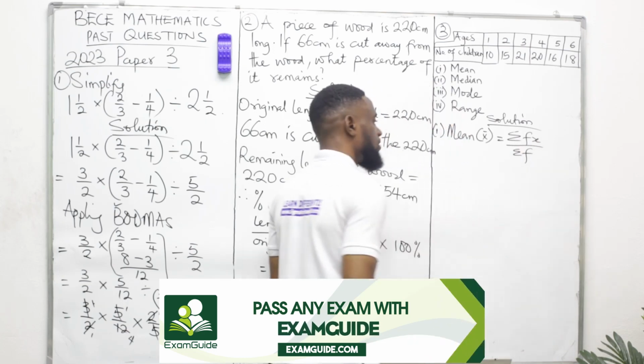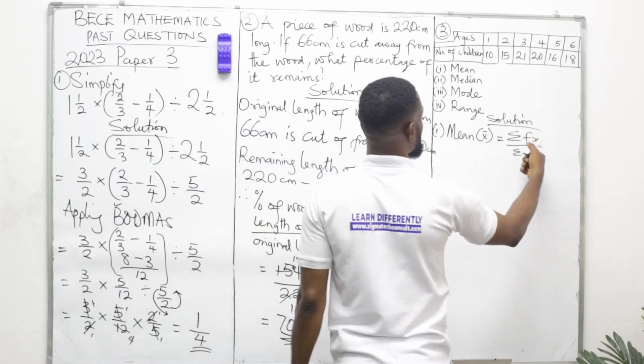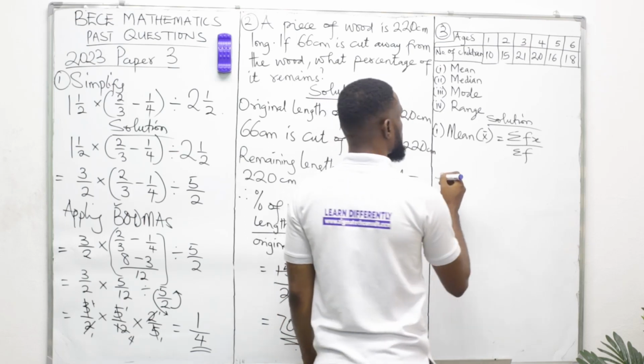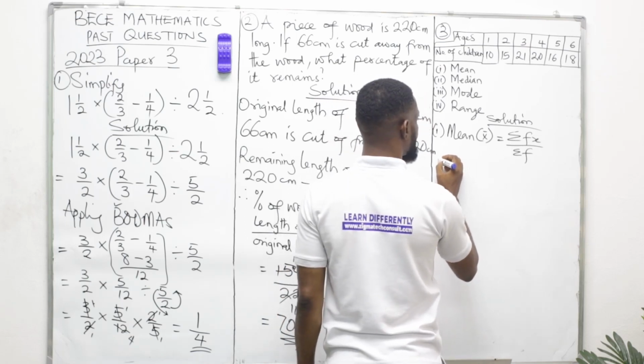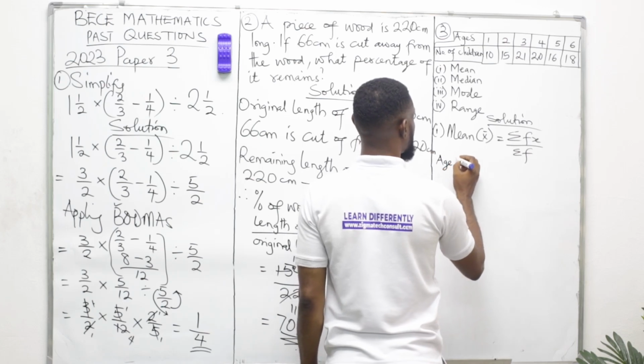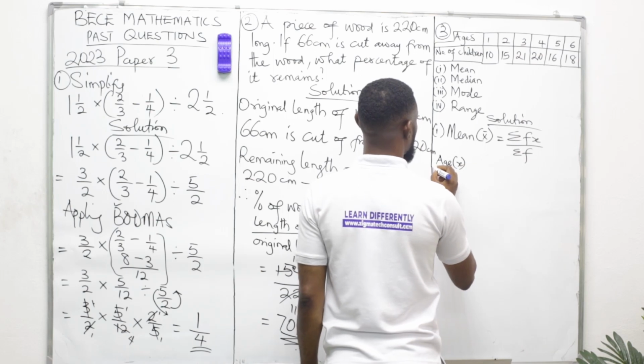All right, so that is our mean. So how do we get our fx and summation of f? So we have to do a frequency table. So we have our ages representing our x.